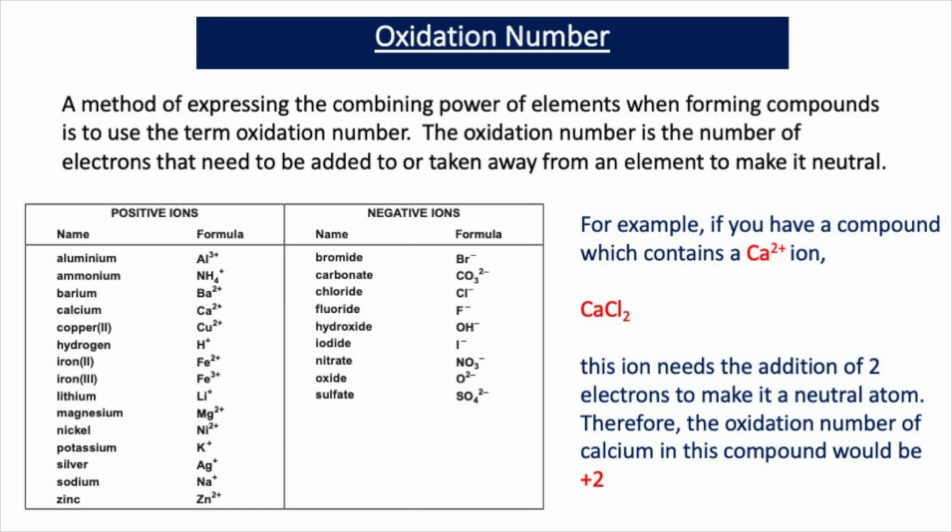Once again, when writing the oxidation number, the value is the same as the charge, except that we write the positive charge first. So instead of it being Al3+, the oxidation number for the Al3+ ion is +3. I put the positive charge first.